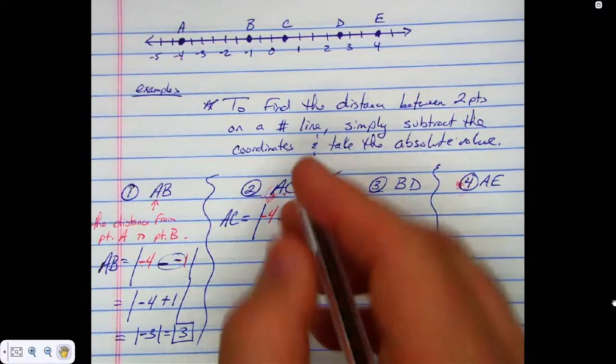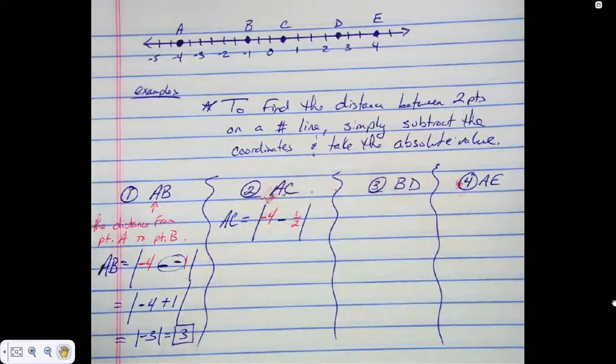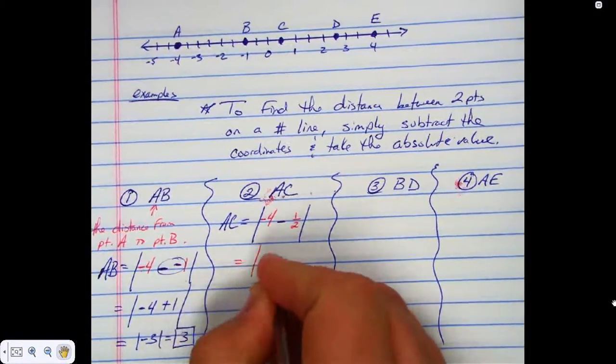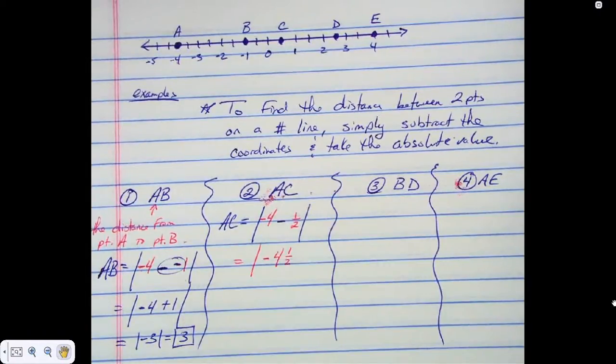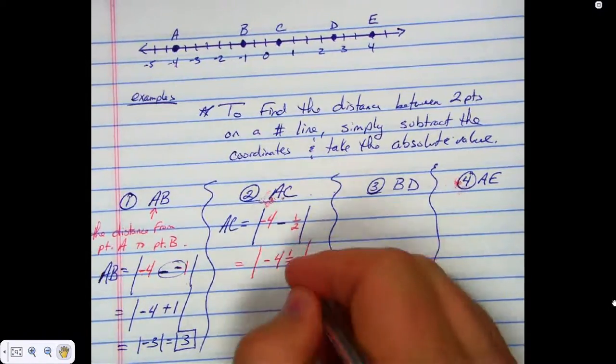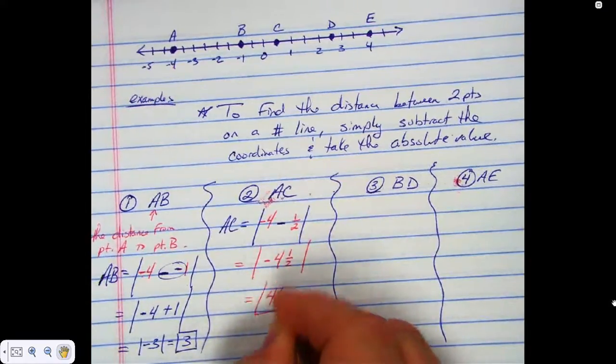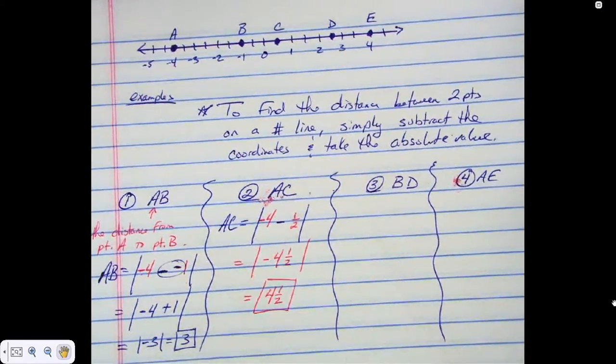Together, that becomes an absolute value of a negative what? Negative 4 1/2, correct? Which becomes a positive 4 and a half.